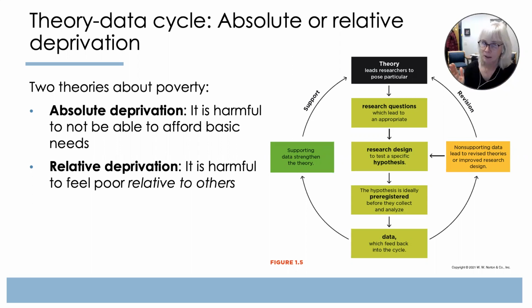So the absolute deprivation model says, it's not having enough food. Relative deprivation says, if other people have enough food, but I don't have enough food, then it's a problem.